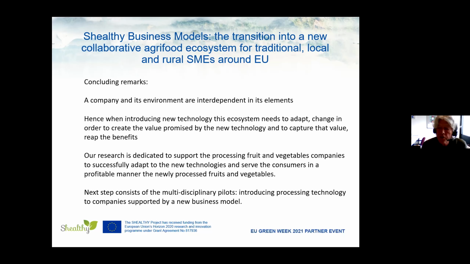And our research is dedicated to helping companies successfully adapt to that new technology and serve consumers in a profitable manner. Our next step, as already mentioned, is piloting, introducing new technology in companies, and our contribution to that is to find and experiment with business models and make them tailor-made.